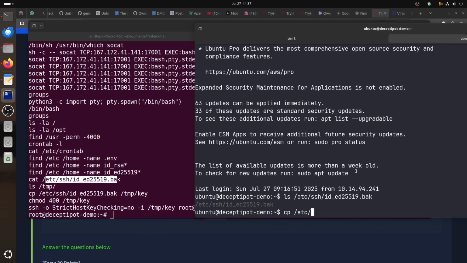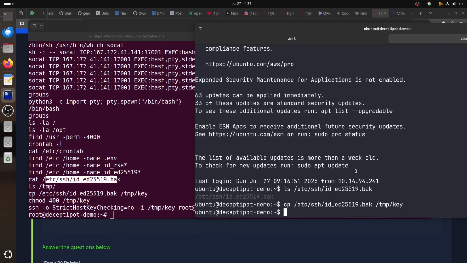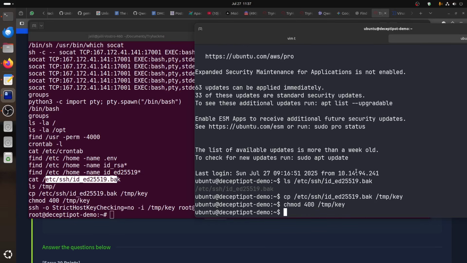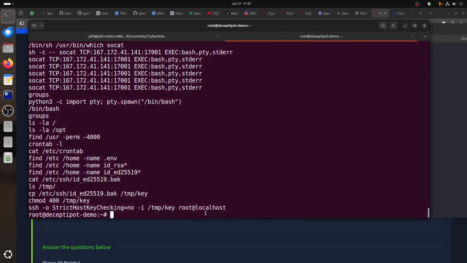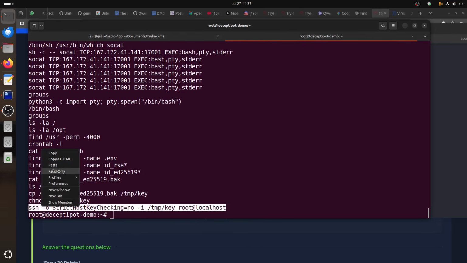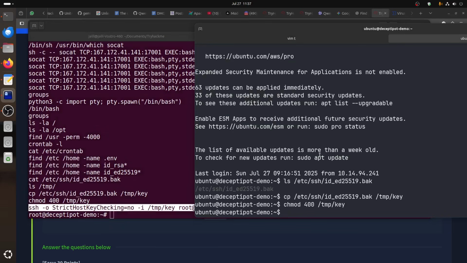So the attacker did this. He copied the backup to temp and called it key. Then he ran chmod 400 on the temporary key. Then let's copy the same things to confirm what happened. Remember now, who am I?